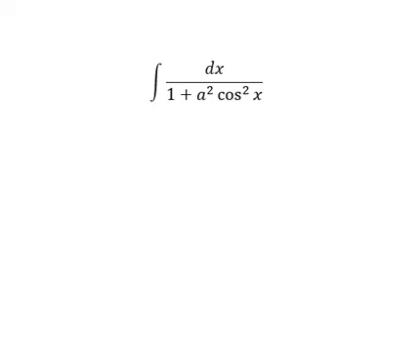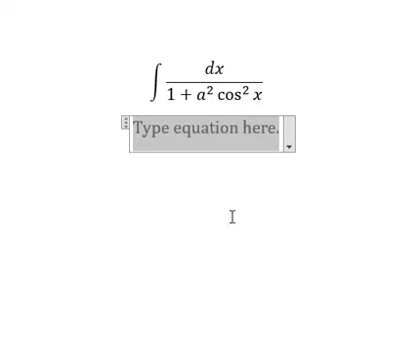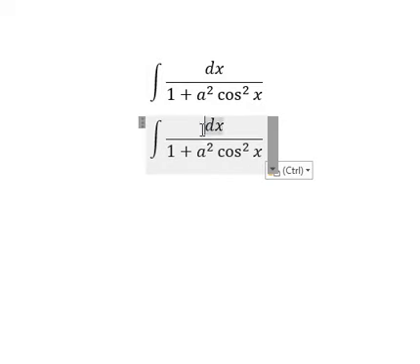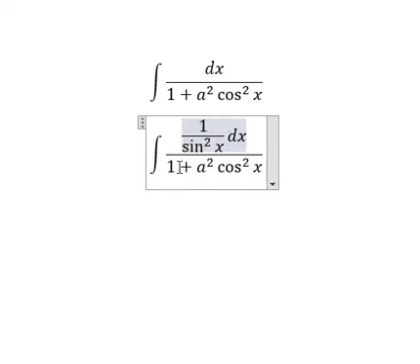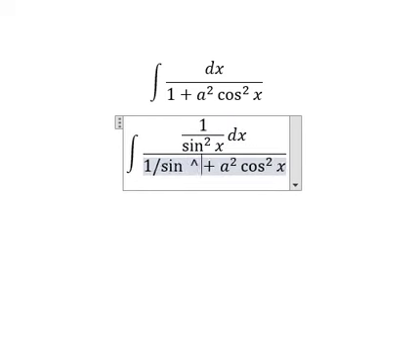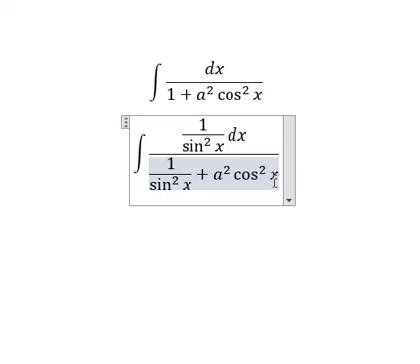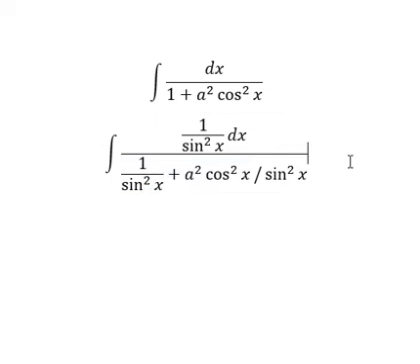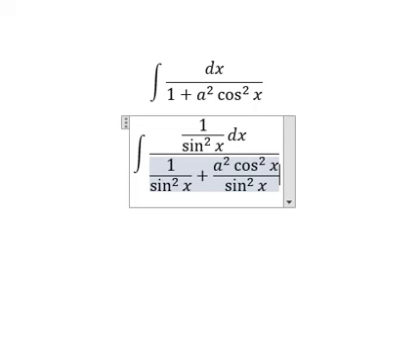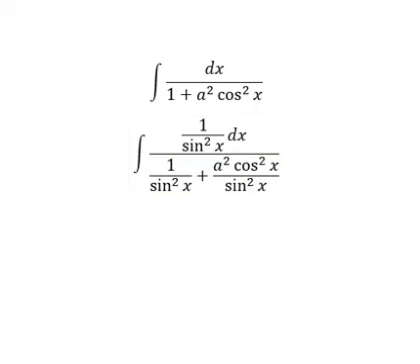So we need to divide by 1 over sine x squared on numerator and denominator. So that should be like this. So we have the formula.